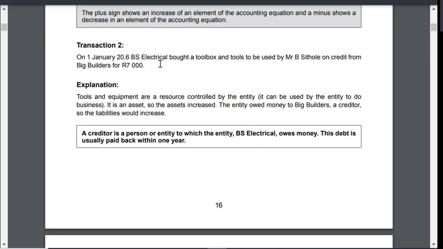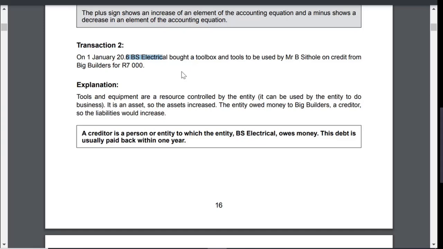So what are the entries? What are the accounts? The accounts would be toolbox and tools, which will form part of the assets, and creditors, a creditor called Big Builders. If an asset is being bought by the business, is this increasing or decreasing assets for BS Electrical?